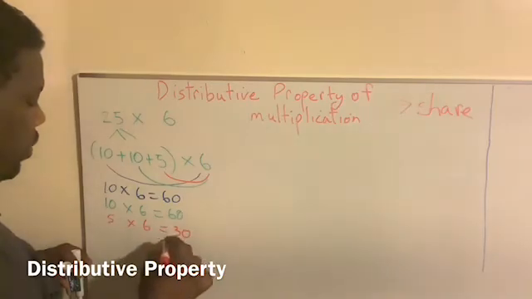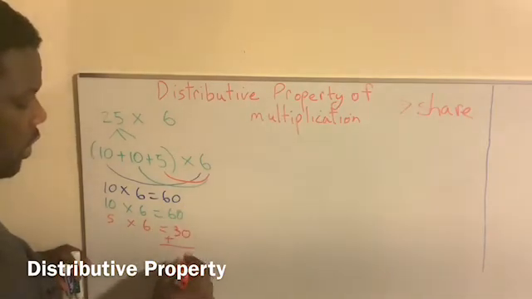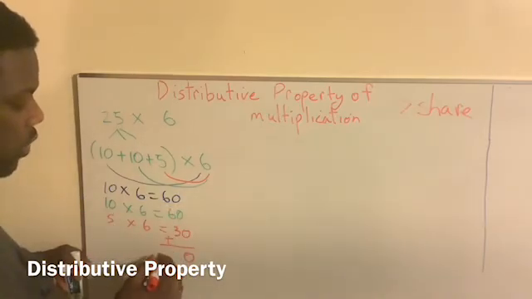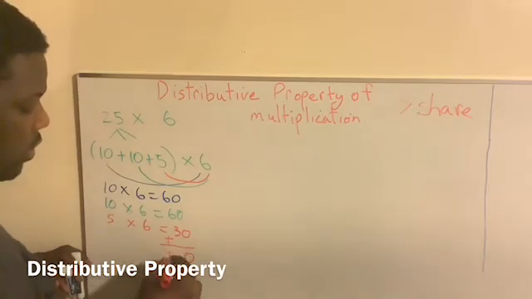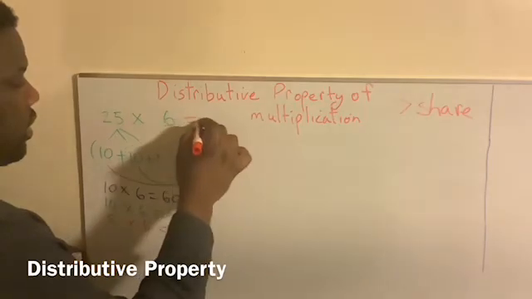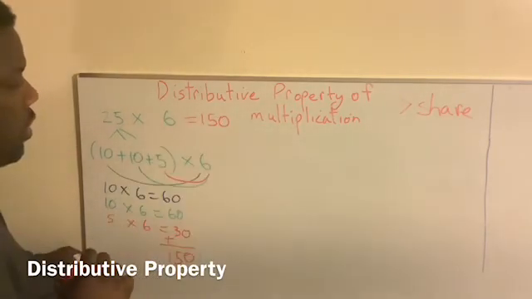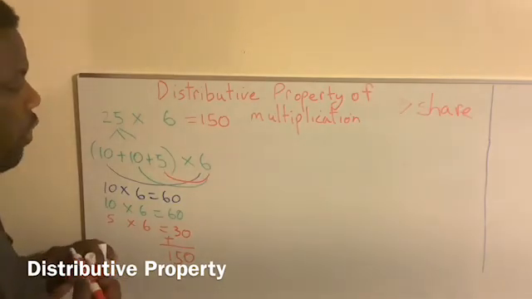We add our answers. 0 plus 0 plus 0 is 0. 6 plus 6 is equal to 12. 12 plus 3 is equal to 15. So 25 times 6 is equal to 150. Let's try a different way.